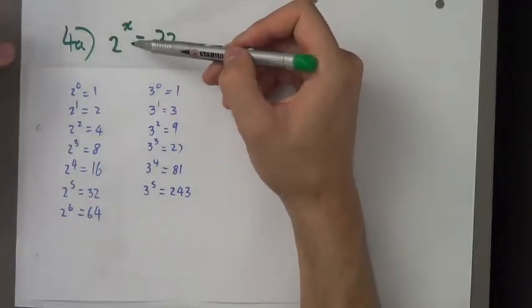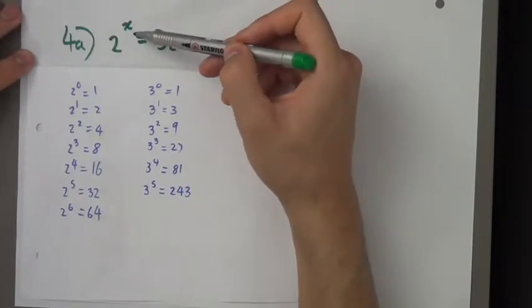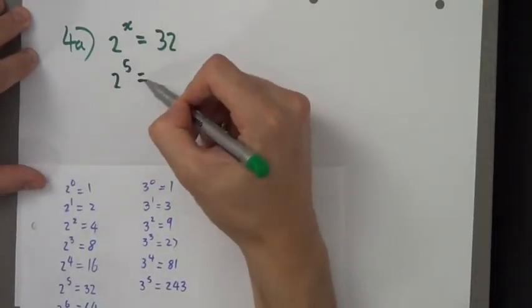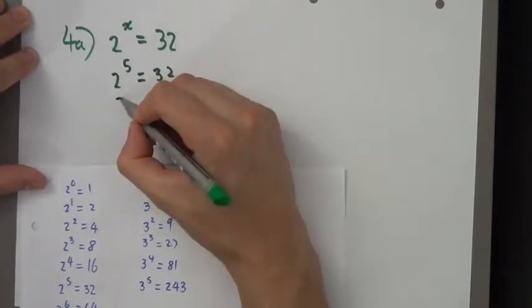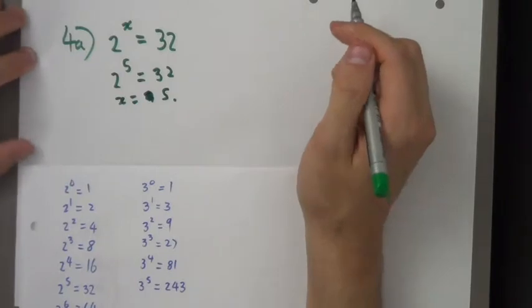At the end of the day, it's trial and improvement. You just have to try out different numbers. So in this particular case, 2 to the power of 5 is 32. So x is 5. That's your answer.